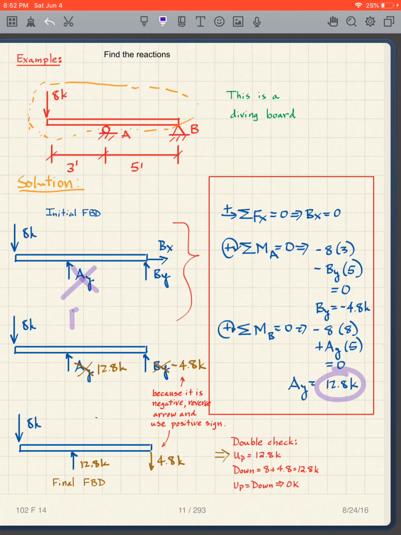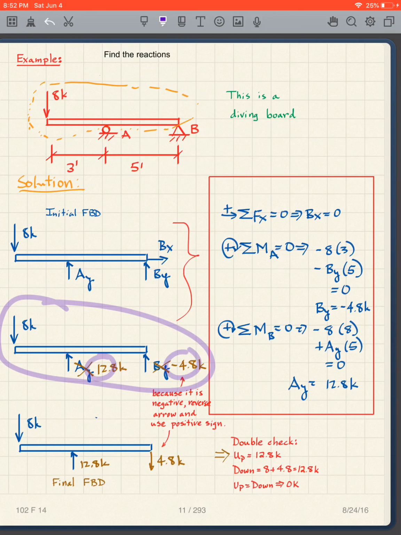I cross that off. I write 12.8. By is negative 4.8. I cross that off. I write negative 4.8. This one's 0, so we just eliminate it. So you have to follow this method precisely. Now, we end up with this.